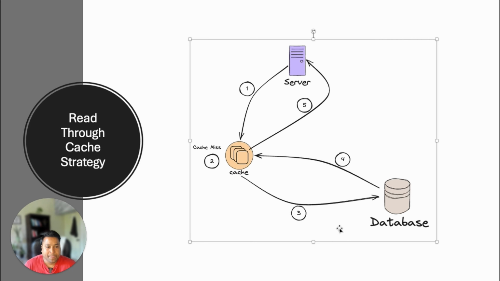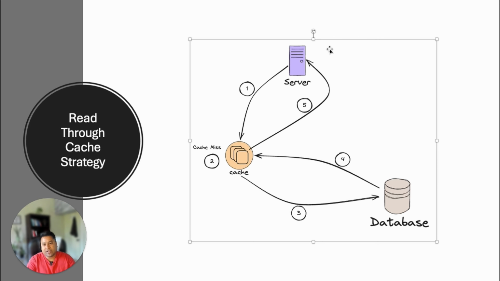So you see, it's a 5-step process. Server first goes to your cache memory, and if that particular element is not present in your cache memory, it goes to your database, and then that data item gets returned to your cache memory, and then it goes to your server.